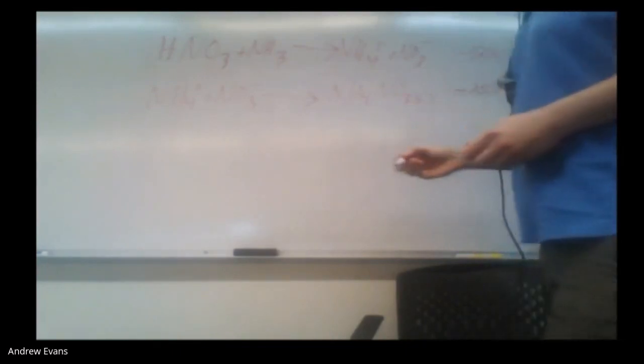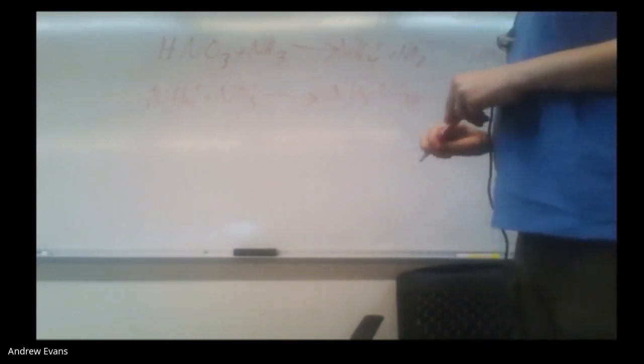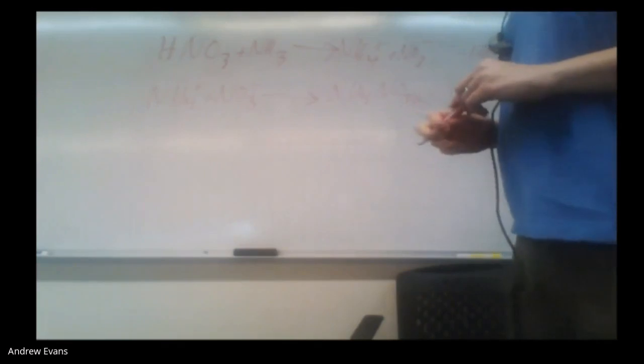Now, as I add these together, everything that appears on left and right cancels out, just like we did with the spectator ions. So ammonium cancels ammonium. Nitrate cancels nitrate. We would get HNO3 plus NH3 goes to NH4NO3 solid.